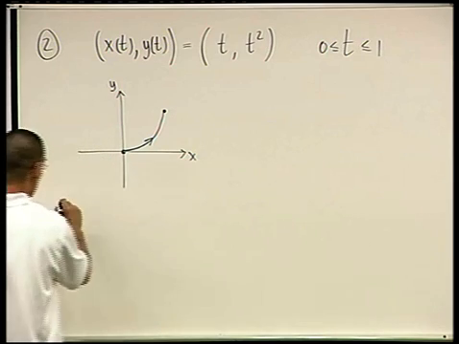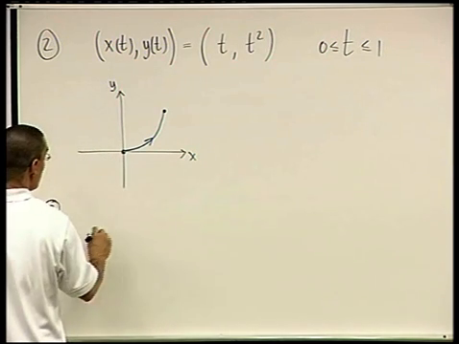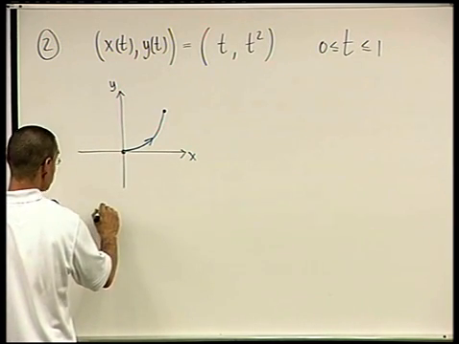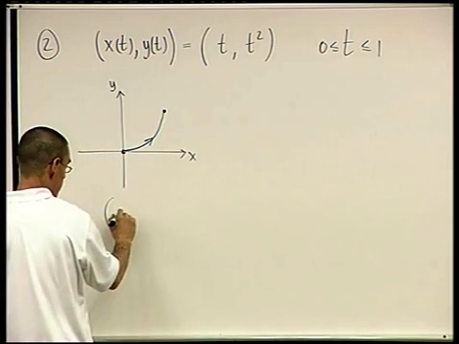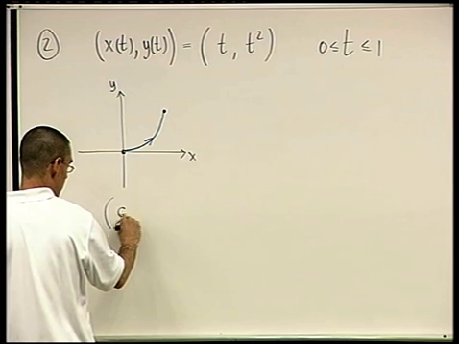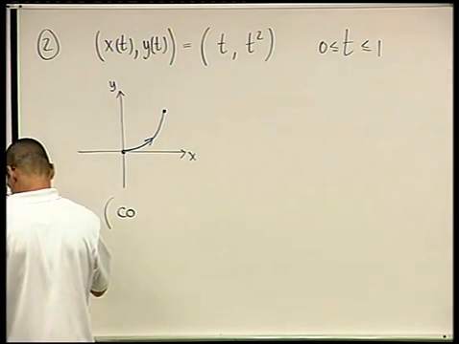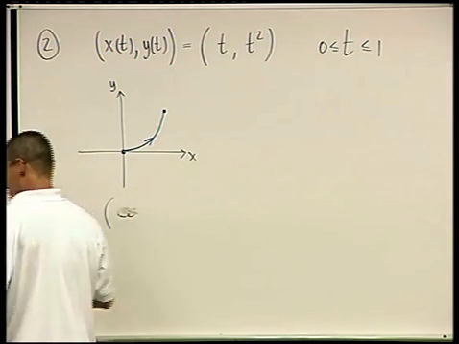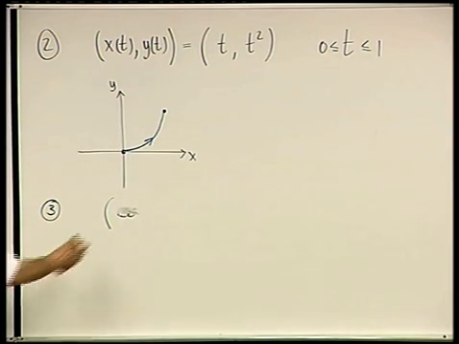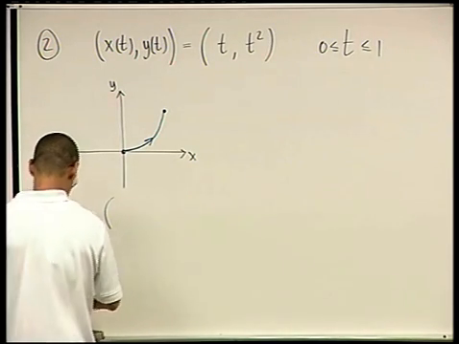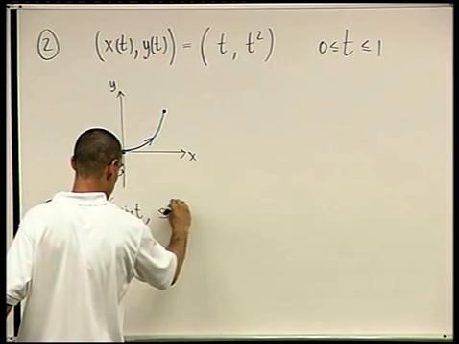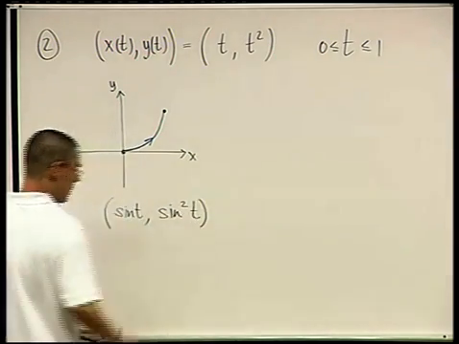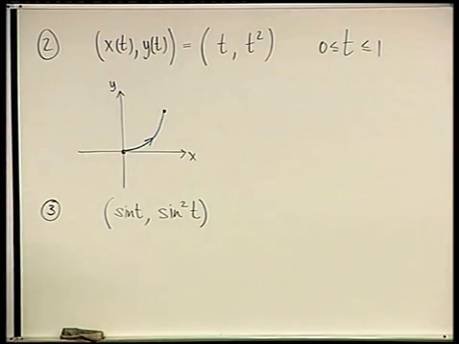Here's example 3. What about the curve sine of t, sine squared of t? What is this going to look like?